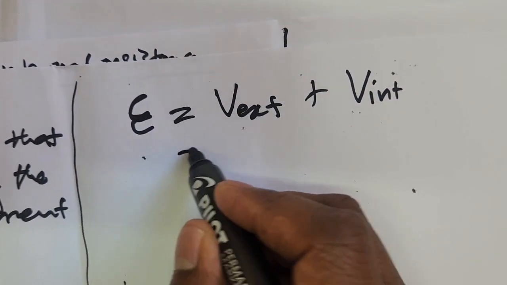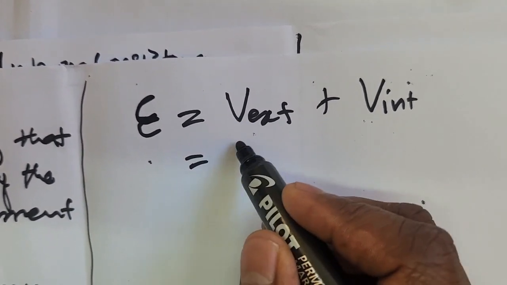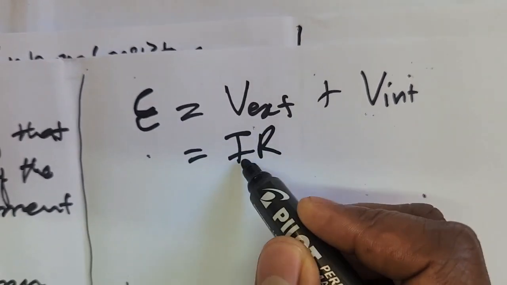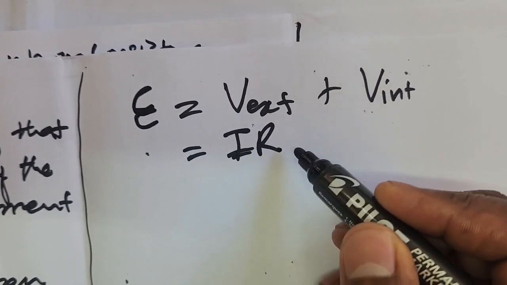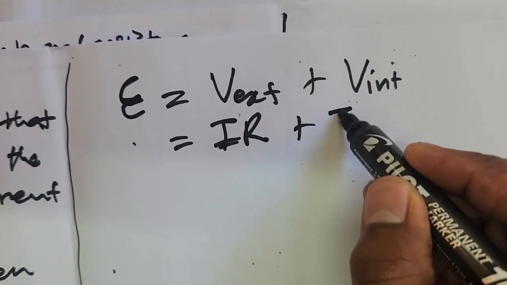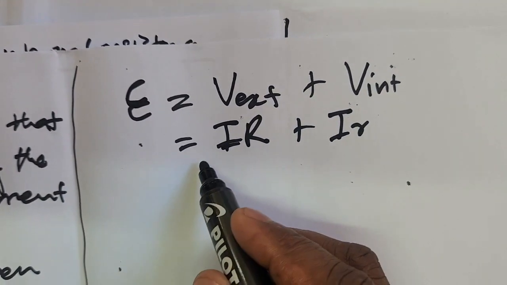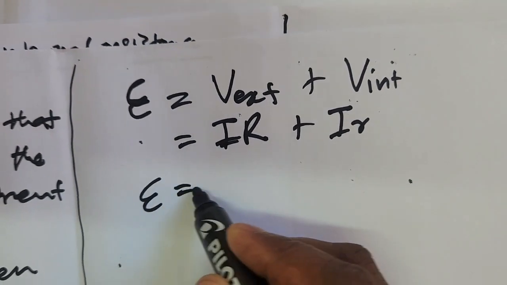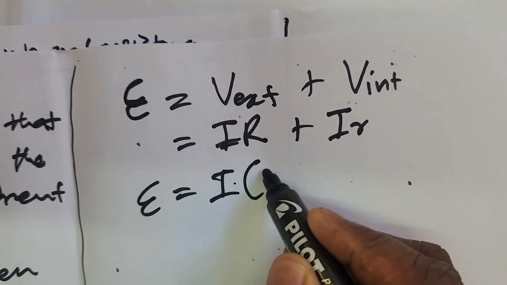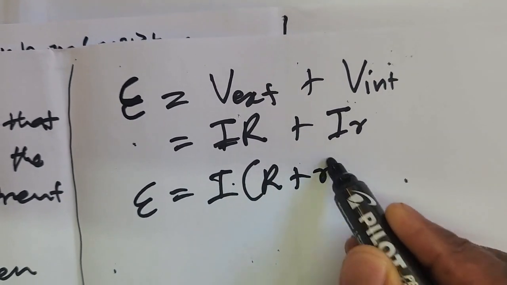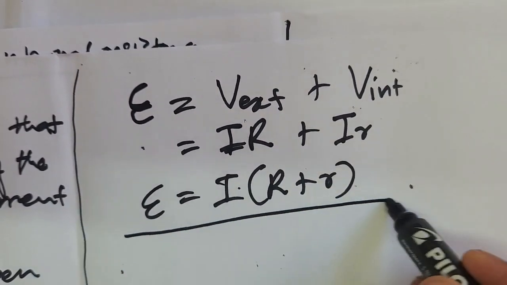According to Ohm's law, V is IR, where R is the external resistance, the big R, and the V lost inside is again IR, with the internal resistance. When you do the maths, you will find that I is the common factor.